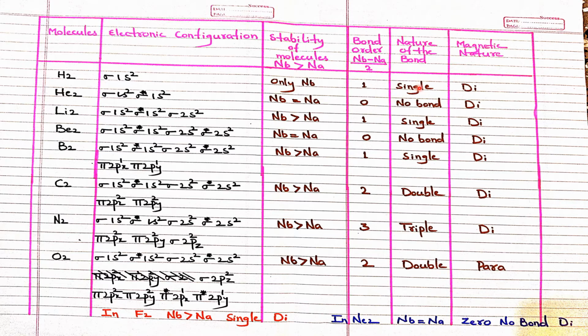What is the magnetic nature? Diamagnetic. How do you say it is diamagnetic? For this you have to see the electronic configuration. If all are paired, it is called diamagnetic. If you find an unpaired electron somewhere, it is called paramagnetic. Here it is a paired electron, therefore it is diamagnetic.